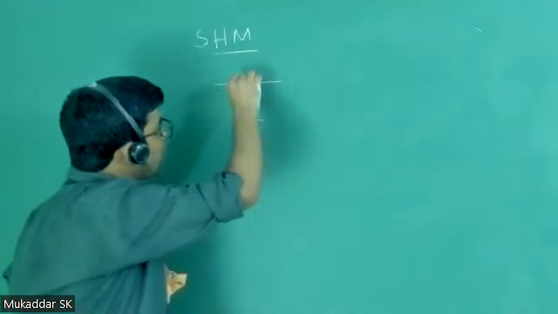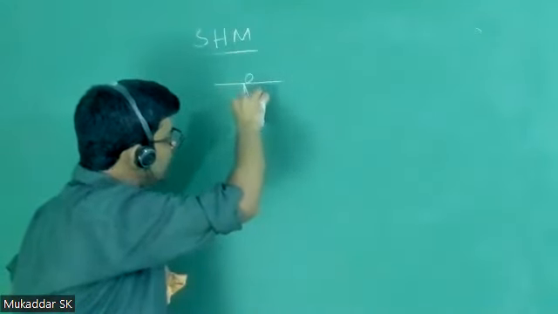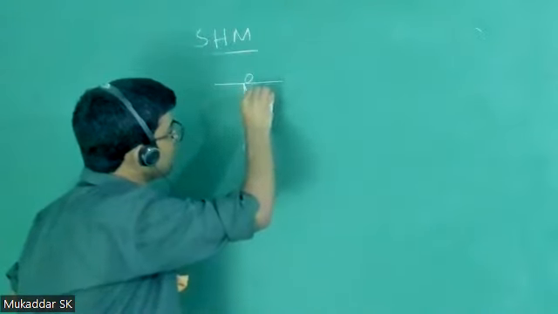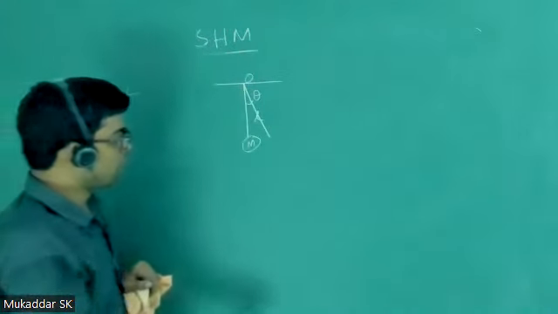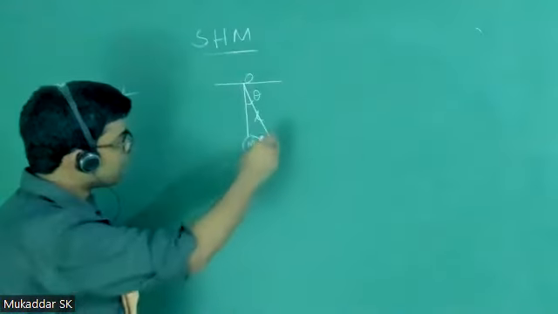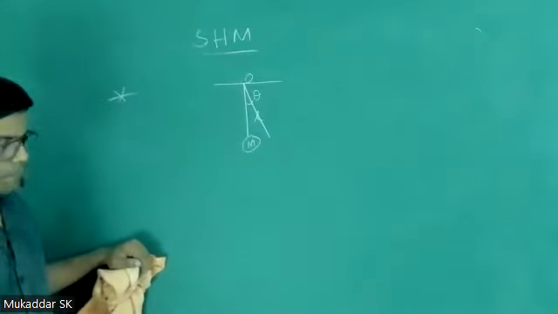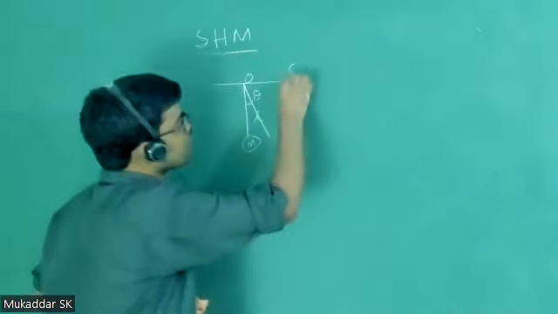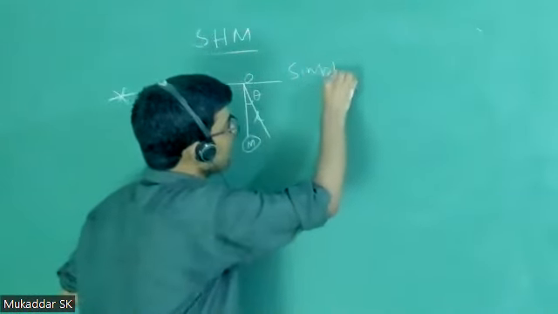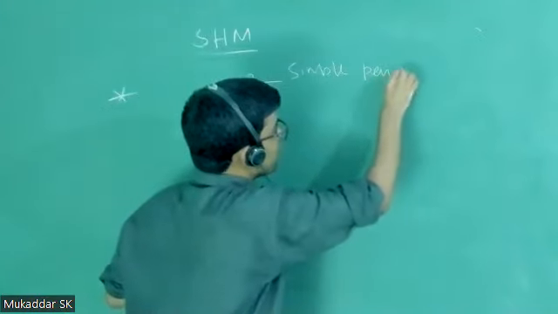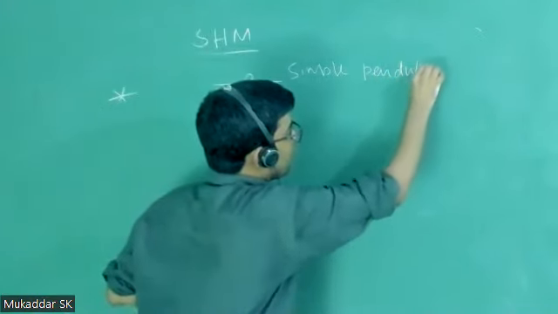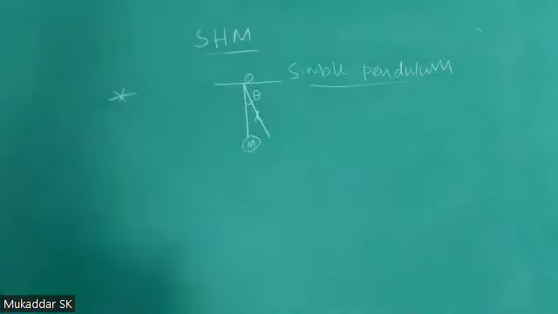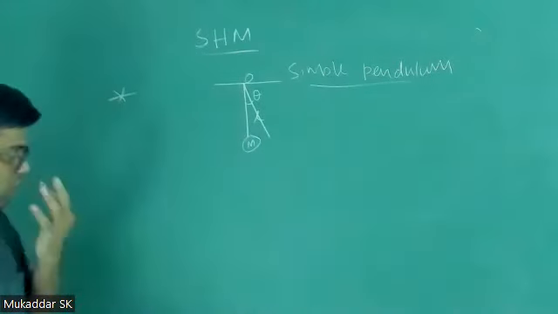Now if you make a small displacement theta from the mean position, theta is very, very small. Now it will undergo simple harmonic motion, but the condition is that theta will be small. So this is basically a simple pendulum, an example of simple harmonic motion. It can undergo simple harmonic motion if you disturb it by a small amount theta about its mean position.